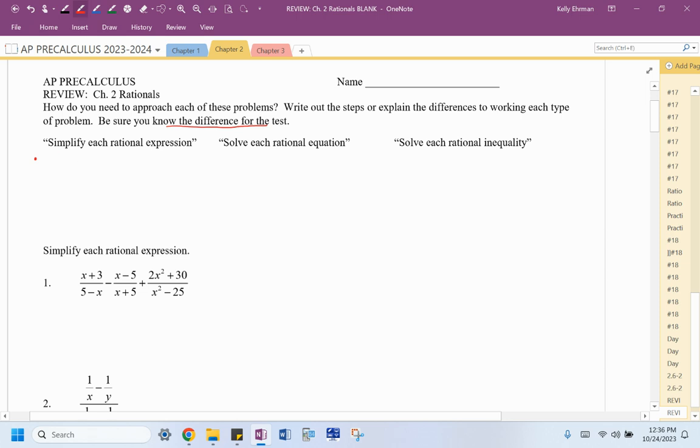Simplify each rational expression means that you should be trying to factor as much as possible and cancel if possible if it's multiplication or division. If the problem is addition or subtraction, then you need to get a common denominator.